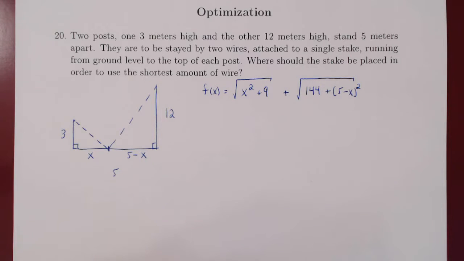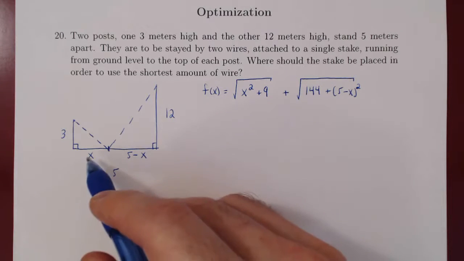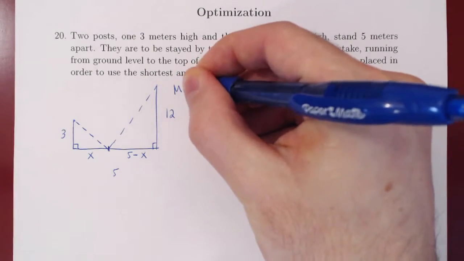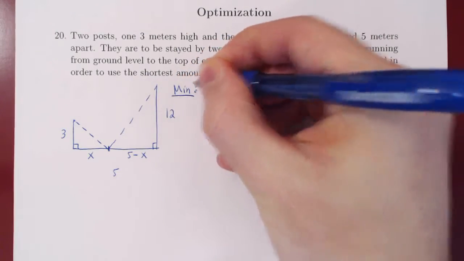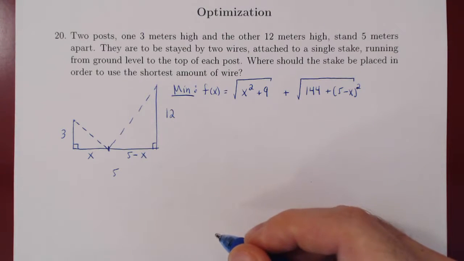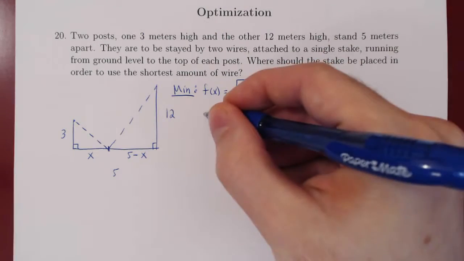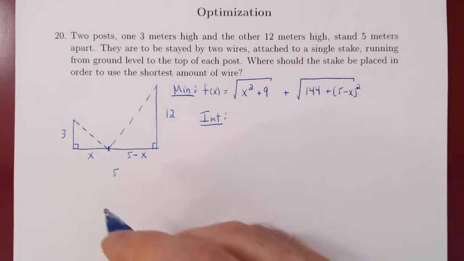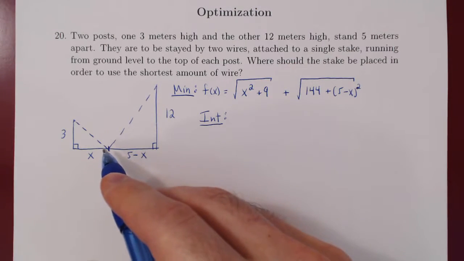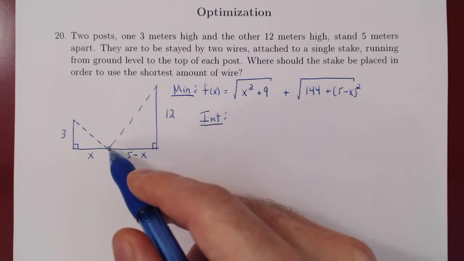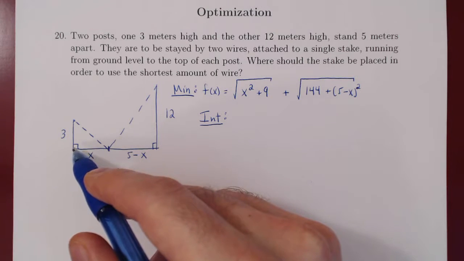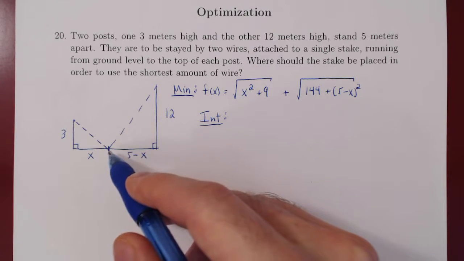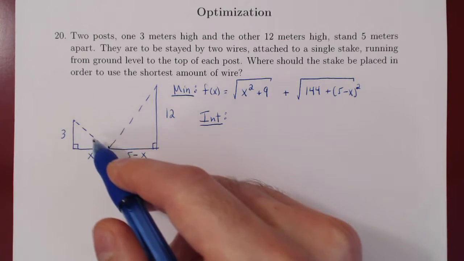What is the possible range of x values? Our goal will be to minimize this function of x. What is our interval? Well, if you think of it, could x be negative? If x were negative, this would be x equals 0. This would be a negative value of x. If x is negative, you see that the length of the first wire is the same, right?